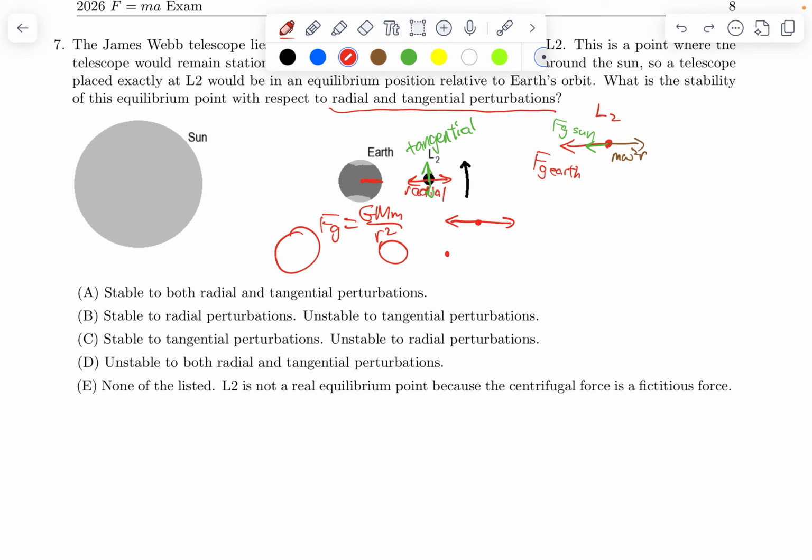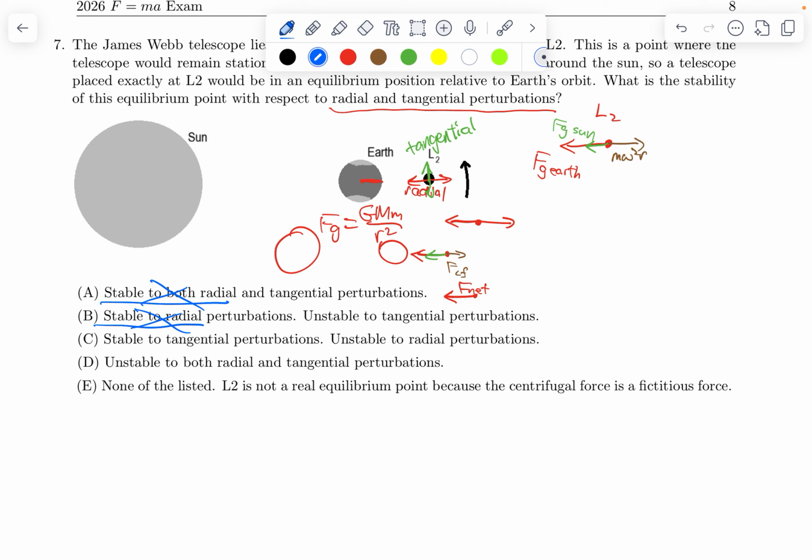So the Fg from Earth and F sun will sum up to be greater than the centrifugal force, FCF. And that means that the net force will be in this direction. That's going to make it unstable, right? Because if the net force is moving toward Earth, then it will get closer and closer and eventually hit Earth. Now, we can cross out the answer choices that say stable to radial.